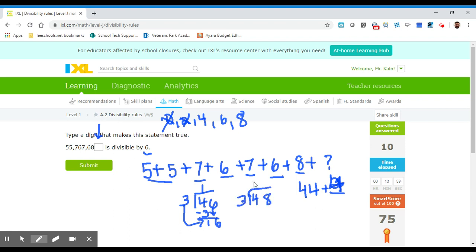Let's figure it out. 3 goes into 4 one time. Oh, okay. I think this is good. 3 goes into 8 6 times because 3 times 6 is 18. So this has to be a 4. That was tricky, but you'll do this very fast if you learn all of the rules. And the faster you learn the rules, the faster you'll be able to do most of your math.